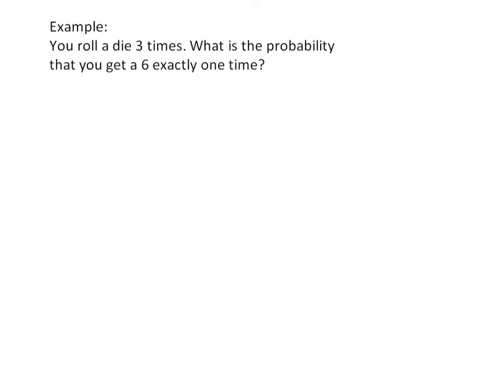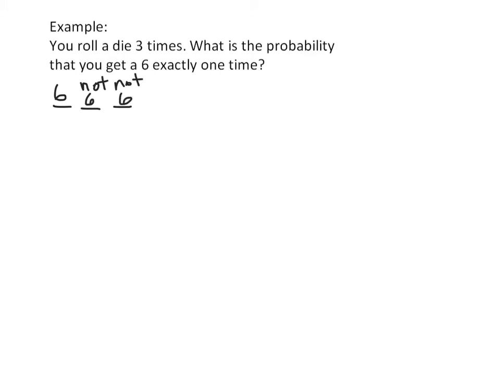If I'm going to roll a die 3 times, could I get a 6 on the first try? Sure, I could. Then what would I need to get on the second and third tries if my goal is to find the probability that I get a 6 exactly 1 time? I'd have to get anything other than 6. So let's call this not a 6 and not a 6.